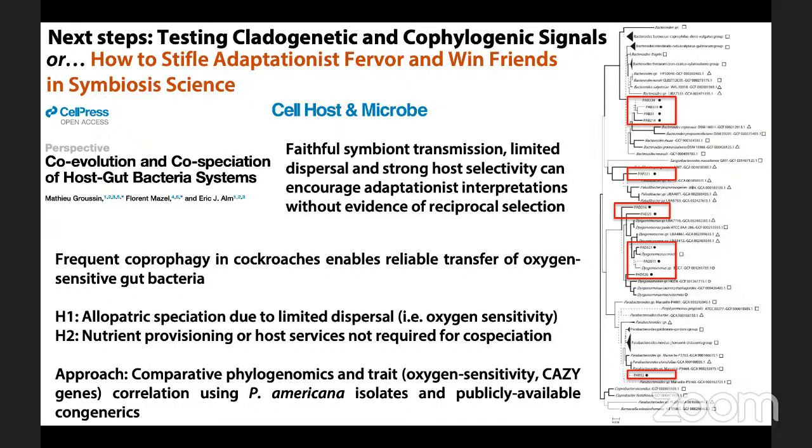And so we're in the process now of finishing up sequencing another batch of about 100 different isolates from our cockroaches. And we plan to explore whether allopatric speciation might better explain what we're observing in terms of cladogenesis for host-associated bacteria than perhaps just gene content or what we think of as nutrient provisioning or support. So that's another project we have going on in the lab.